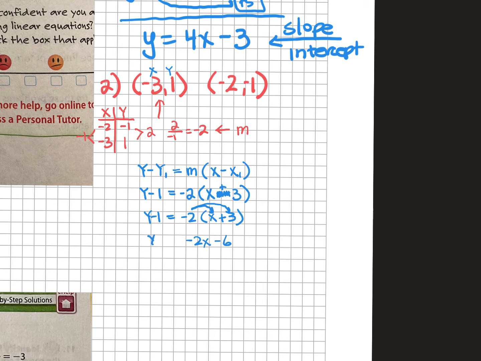So y minus 1 equals -2x minus 6. Okay, we're gonna take this -1 and we're gonna move it over here. But now it becomes +1. And we get y equals -2x minus 5.